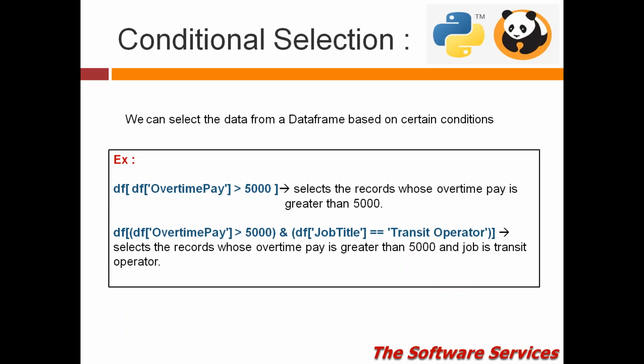So in MySQL, we will write the query like select so and so columns from the database, and we will put the where clause to filter the data based on condition. Select so and so columns from the database where employee salary is greater than 5,000.